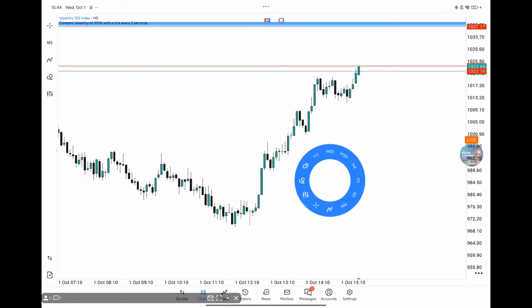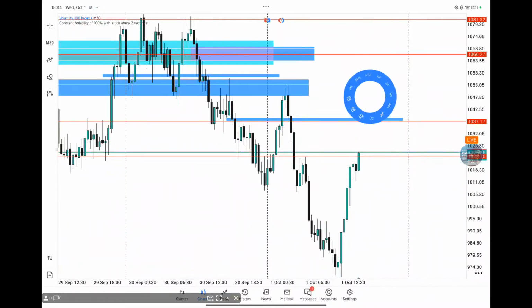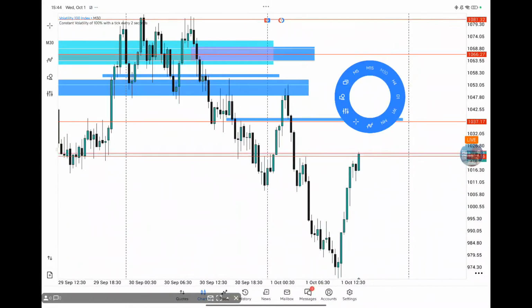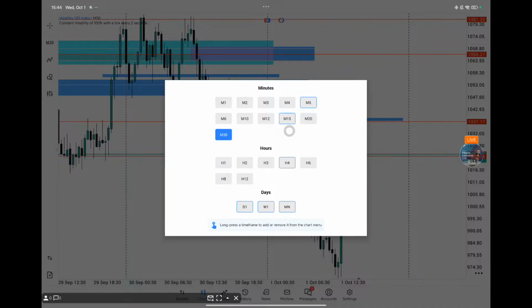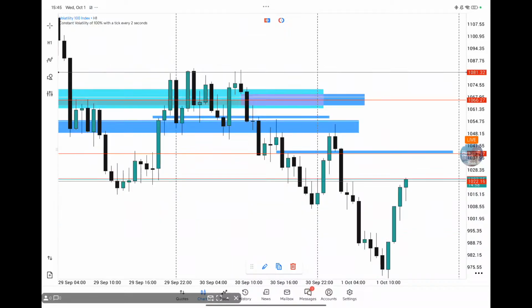So beautifully, this is what is transpiring on the market, and we want to see how best we can trade it. Where's my 1 hour? All right, so beautifully we have our 1 hour.